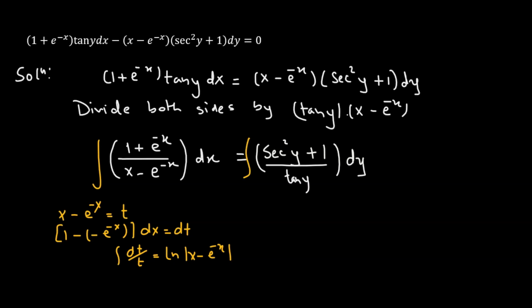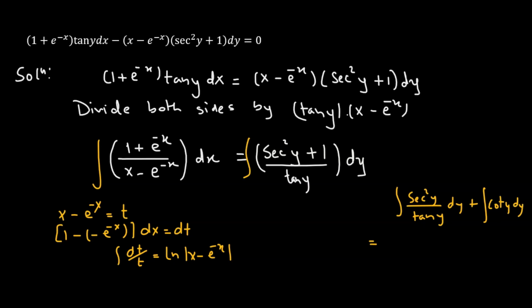And for the integral on the right hand side, we can rewrite this as the integral of sec² y over tan y dy plus the integral of 1 over tan y, which is simply cot y dy.